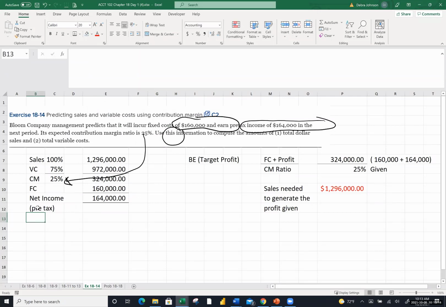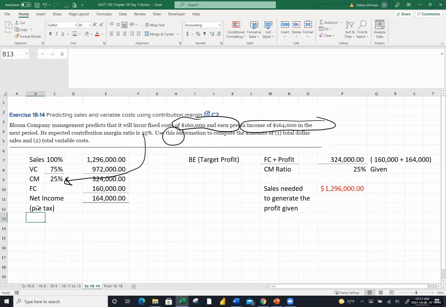They didn't give us a tax percentage. Once you know your cost structure, you can answer so many different what if scenarios. Questions?